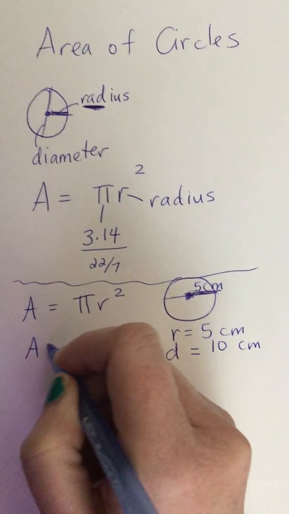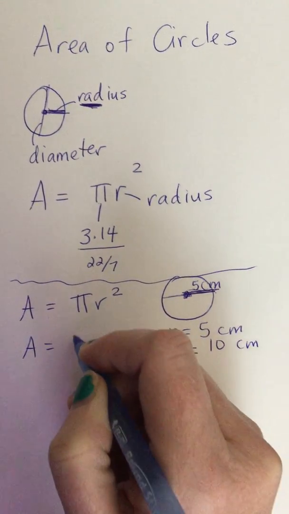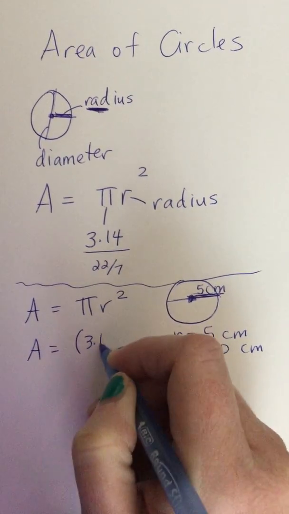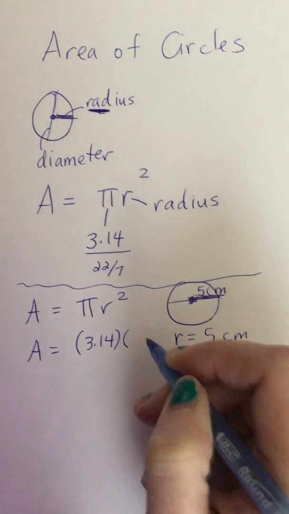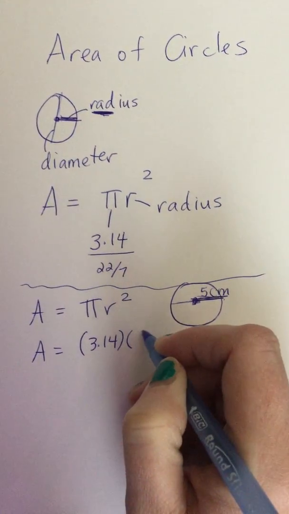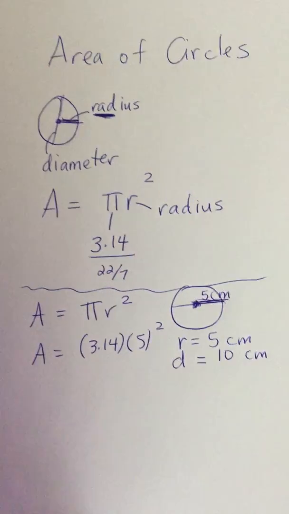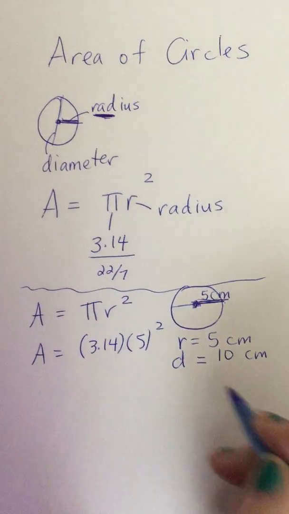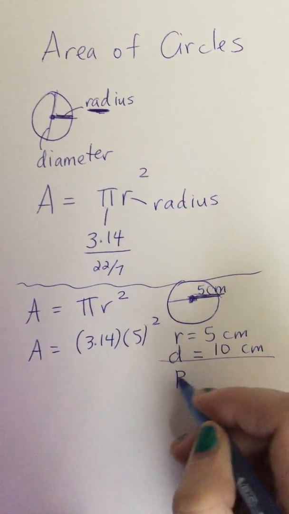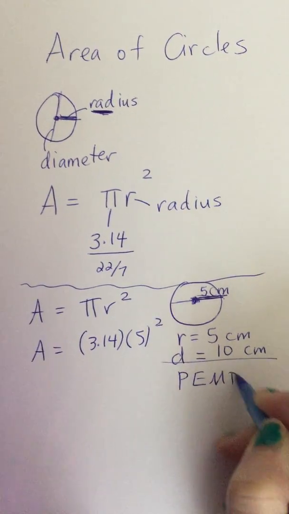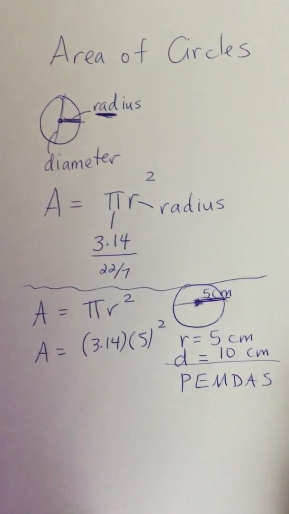All right, so here we go. Let's find the area. Area equals pi r squared, so pi is going to be 3.14, and the radius is 5, and we're going to square that. Now, in order of operations, hopefully you guys remember that. That's please excuse my dear Aunt Sally, PEMDAS.